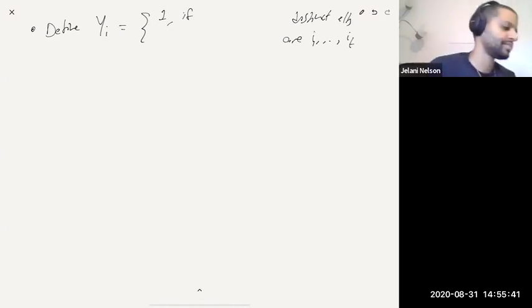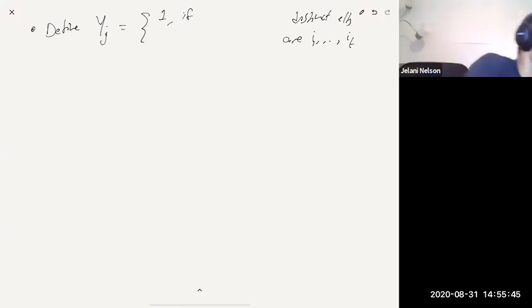So define an indicator random variable Yj. First of all, let's say the actual distinct elements in the stream are I1 up to IT. Define Yj to be 1 if h of Ij is less than alpha, and 0 otherwise.